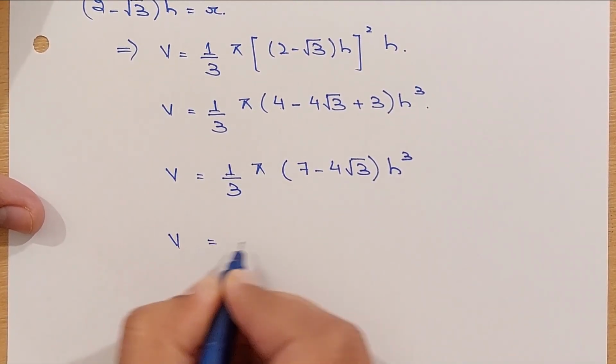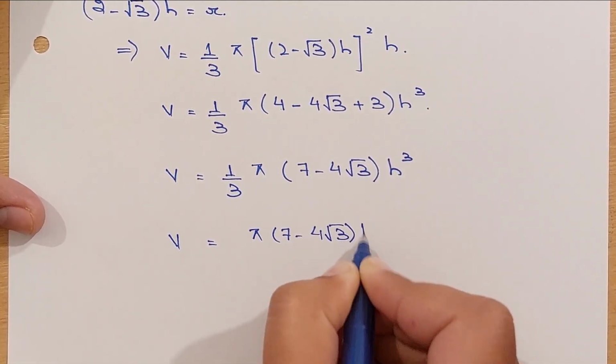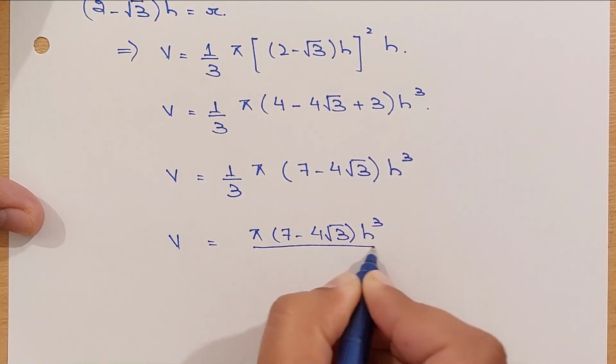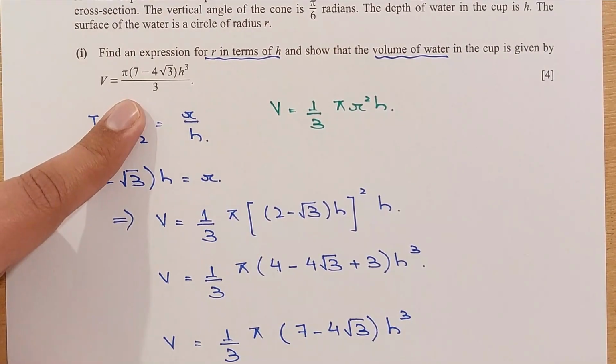Or we can rewrite this as pi (7 minus 4 square root of 3) H cubed divided by 3. So this exactly matches the one that we have to find.